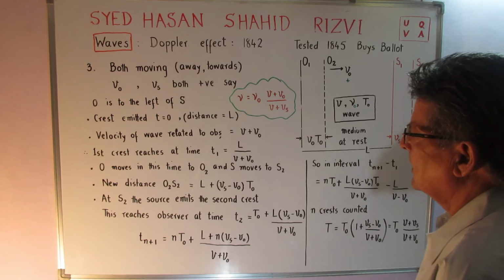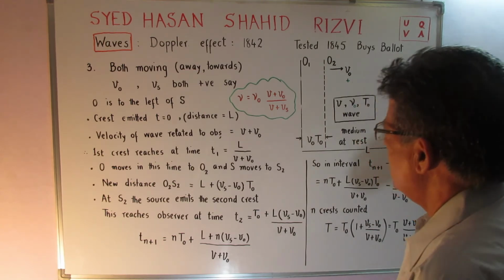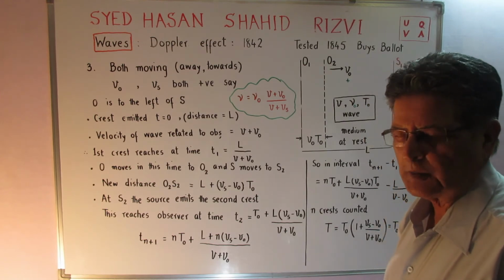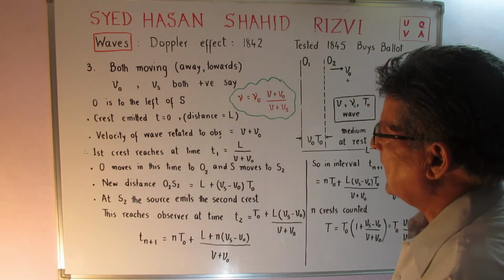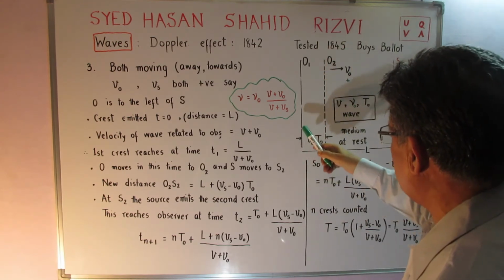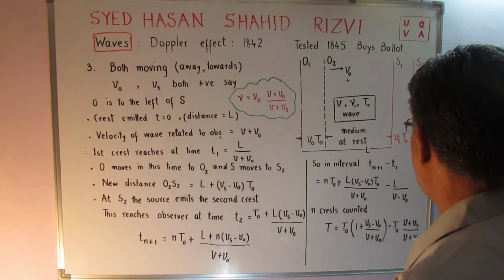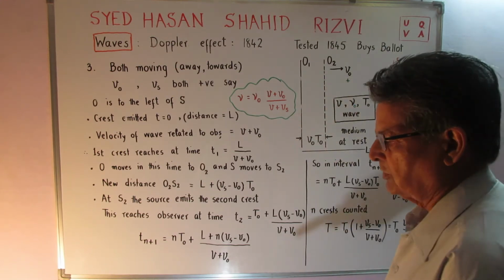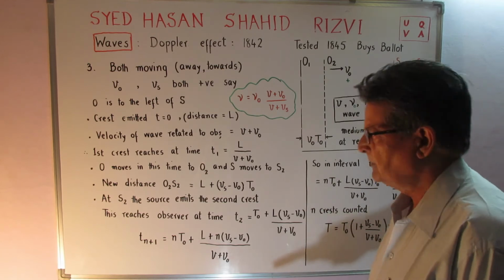And here O is taken to the left of the source. Anyway, there could be another situation which I leave as an exercise for you and must be done, that you keep the observer to the right and the source to the left.